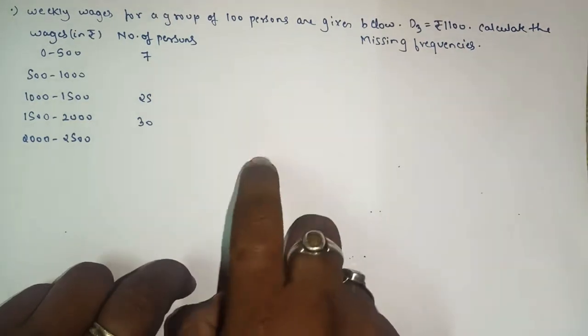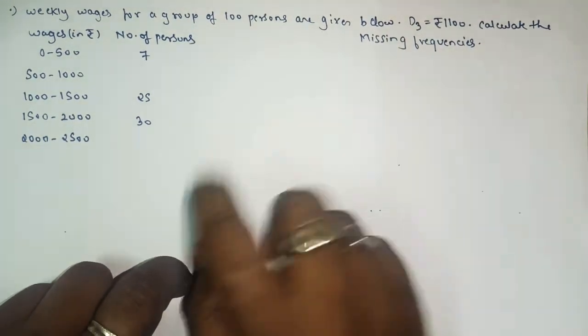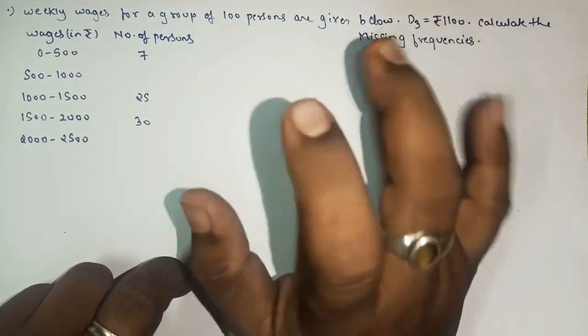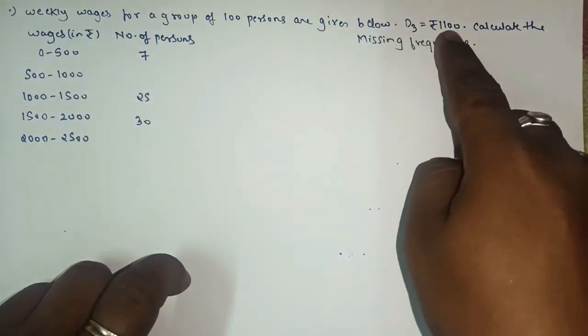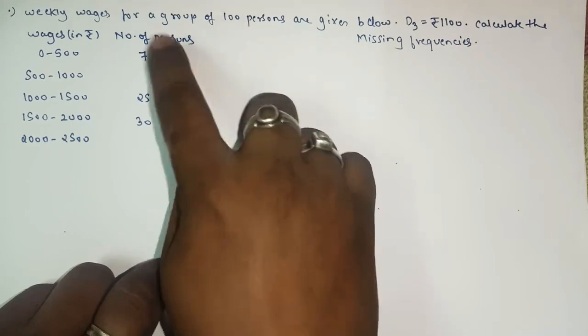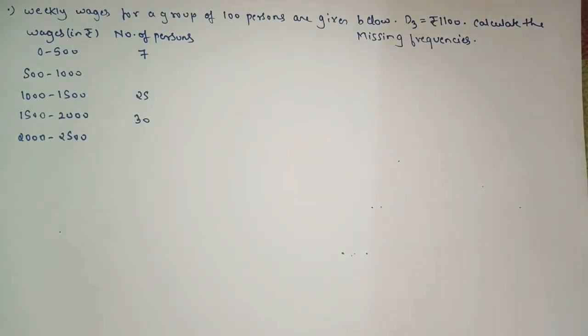For this question we have to find the missing frequency. Instead of D3, it could be deciles or percentiles. Here we have the value of the decile, and after reading the condition we get one more value: the group of 100 persons, so the total number of frequency is also given.